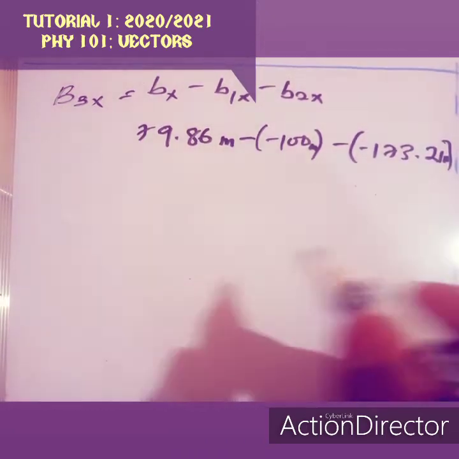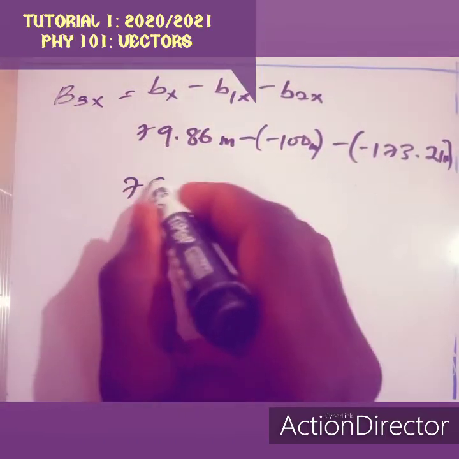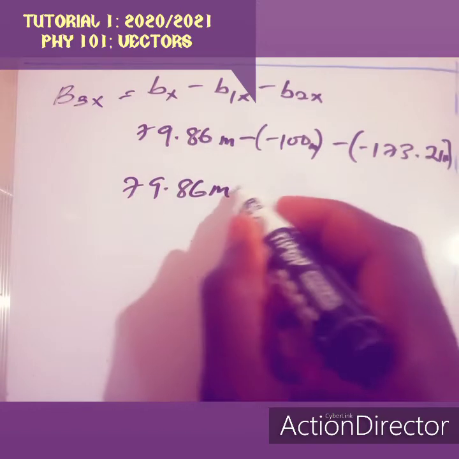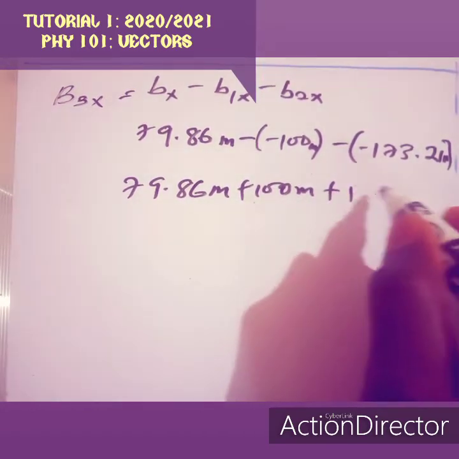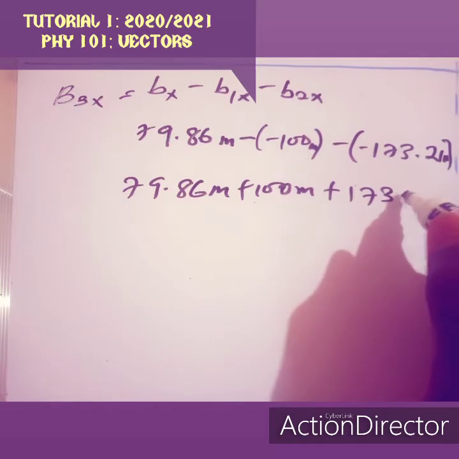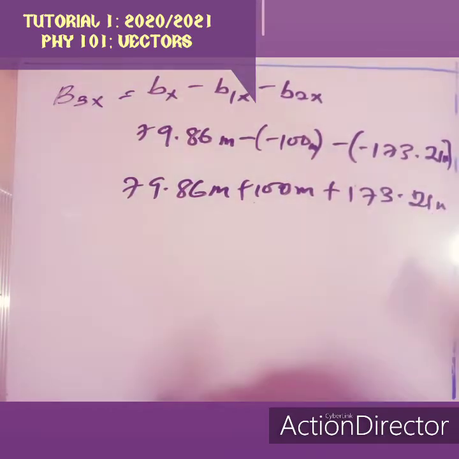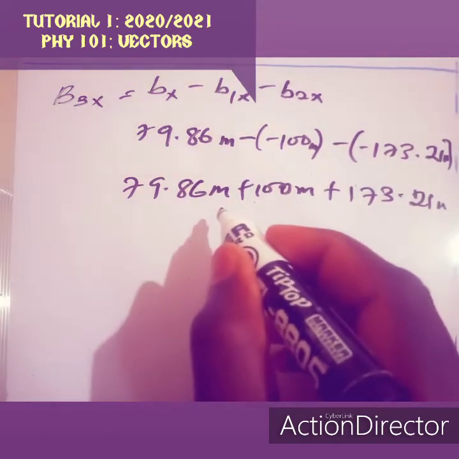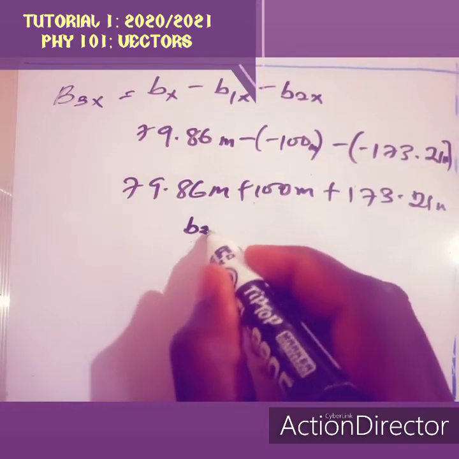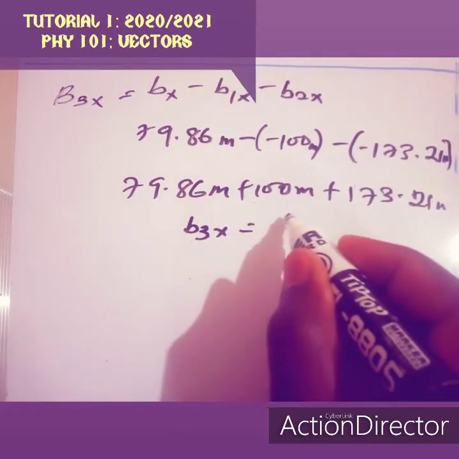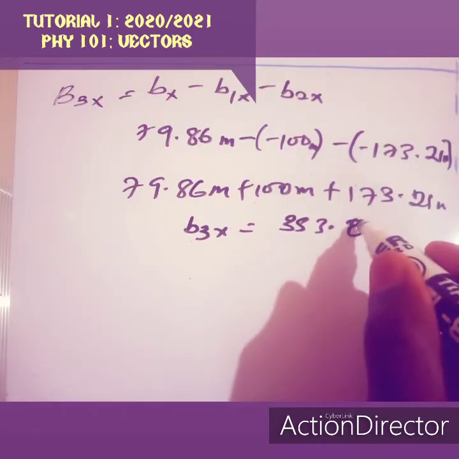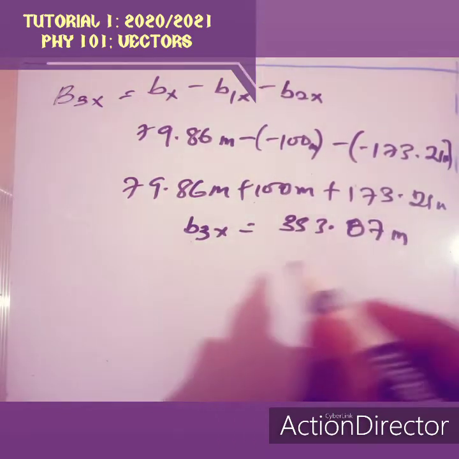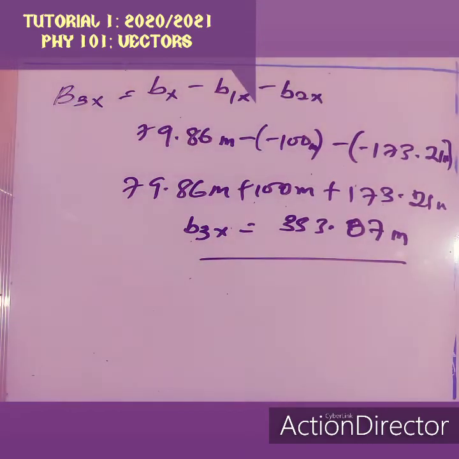If you add them, this will give us 79.86 meters plus 100 meters plus 173.21 meters. So the total, B3 of x, will be equal to 353.07 meters.